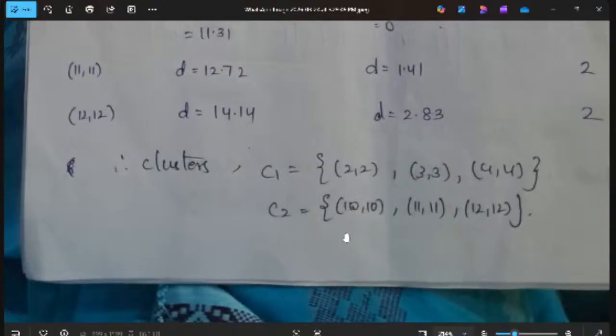Now we have to find the finalized centroids.